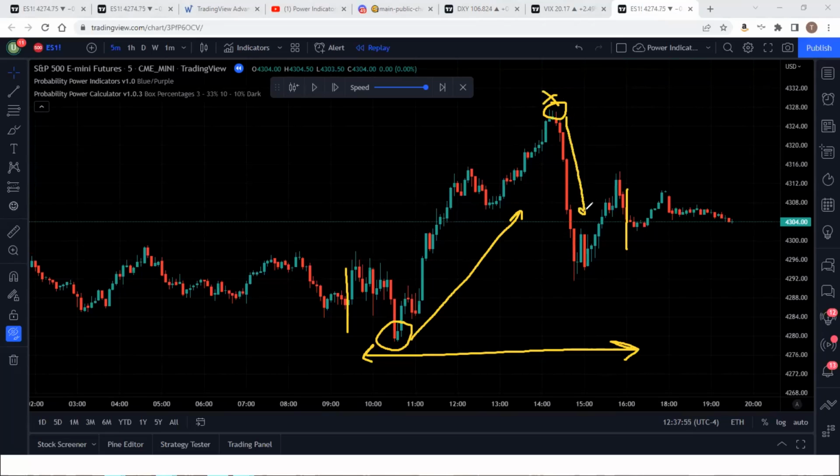We had a real quick down move from about the 43.30 area all the way down towards the 42.90 area. So big price move there. And then it came back up a little bit before it closed. So how would you know that this was the perfect area to go long and this was the perfect area to go short and capture these two moves?